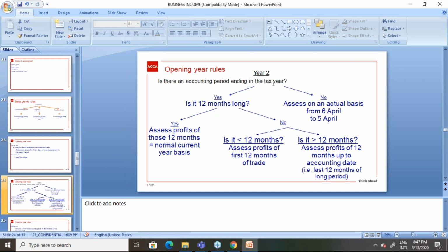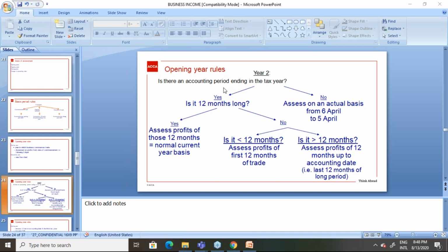But when it comes to the second tax year, the rules are a little different and complicated. So second, third years, you need to apply these rules, and you need to understand them very carefully. That's the most important part that you need to understand. In the second year, you have to ask the same question that I mentioned under current year basis.